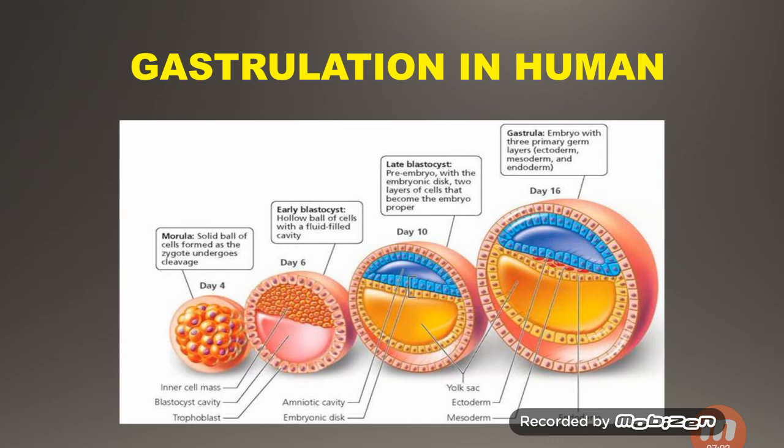In the diagram, you can see the morula, which was a solid ball of cells formed as the zygote undergoes cleavage. In the second stage, you can see the early blastocyst, which forms a hollow ball of cells with a fluid-filled cavity. In the late blastocyst, the pre-embryo with the embryonic disc, two layers of cells are formed that become the embryo proper.